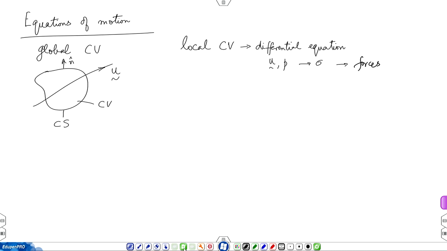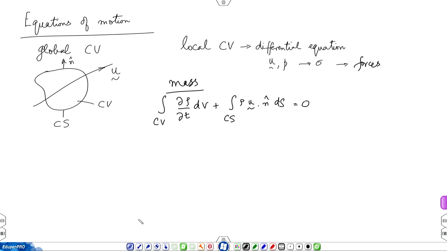So, rather than rewrite the Reynolds transport equation, let me write the mass balance equation straight away. In integral form, the global form of the mass balance equation just restates the conservation of mass principle.